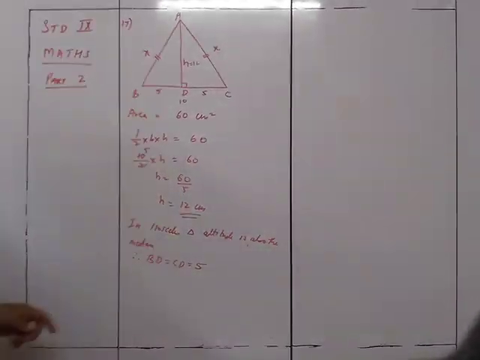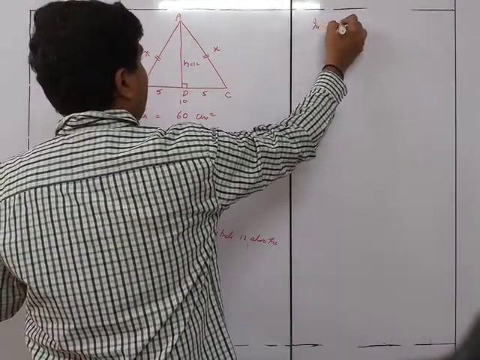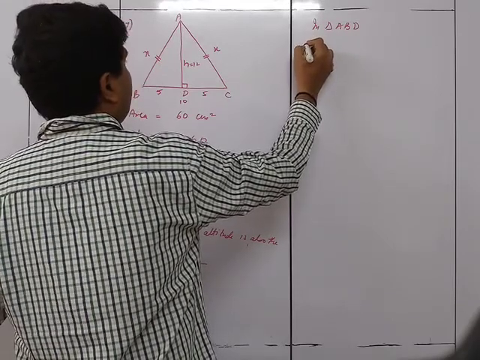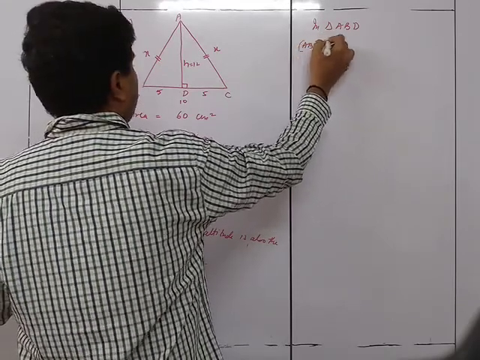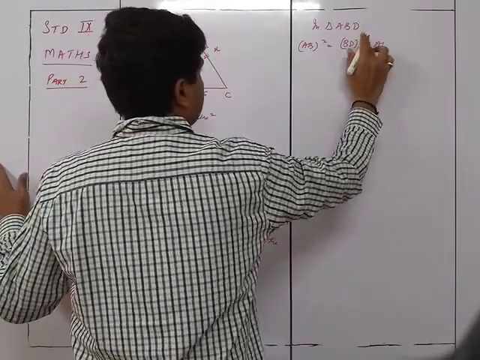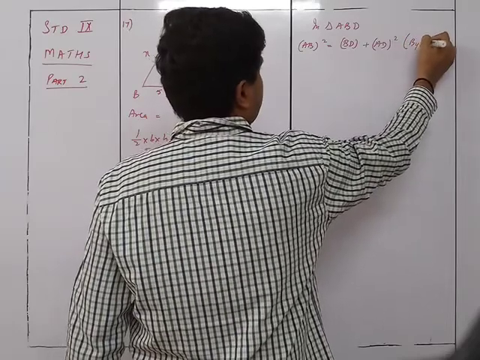Now I can use the Pythagoras theorem in any one of the triangles. So in triangle ABD, we have AB square is equal to BD square plus AD square by Pythagoras theorem.